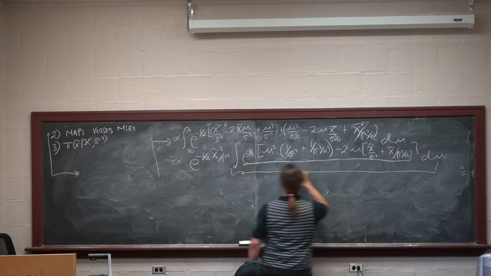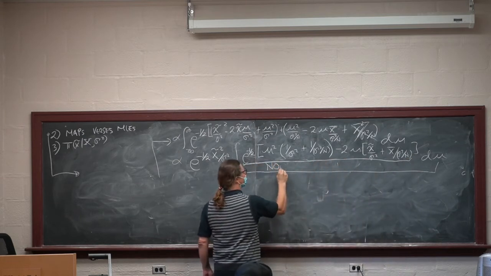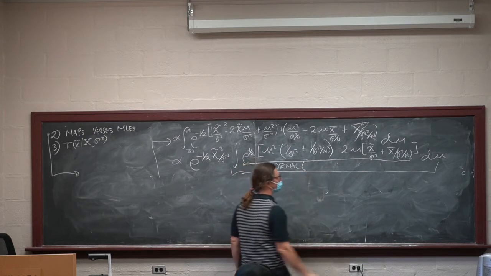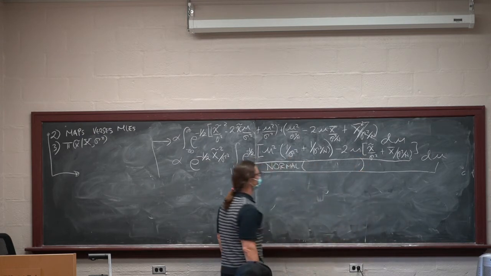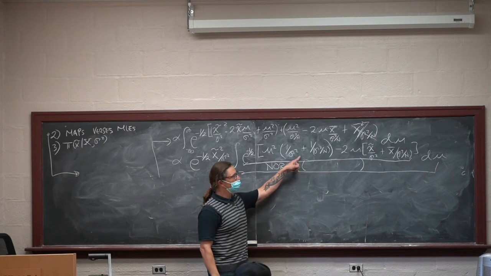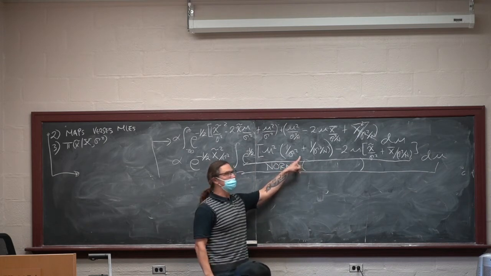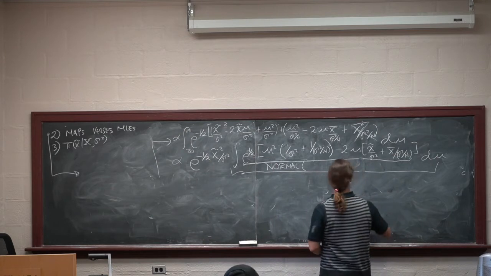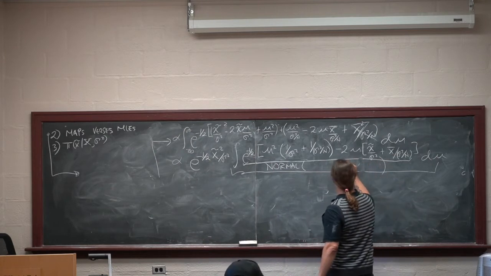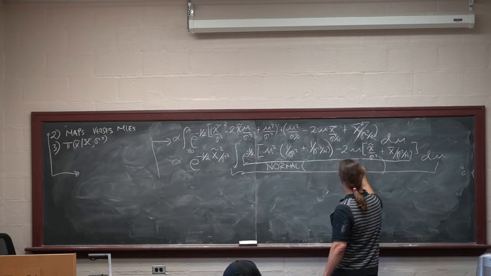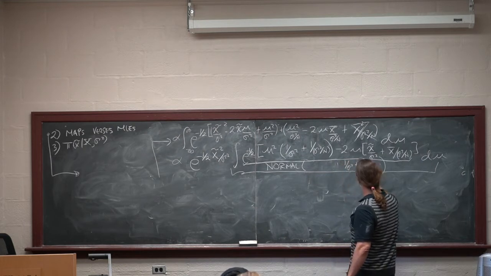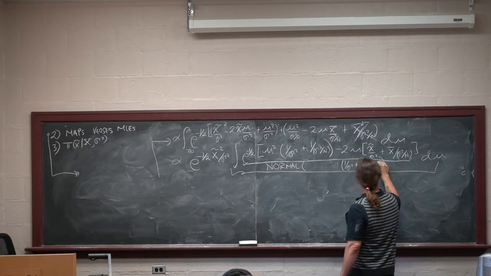looks like a normal. It has a couple of parameters in here. It's got a variance term. I recognize that is the inverse of that part. So this is going to be 1 over sigma squared plus 1 over sigma squared over n, inverse.